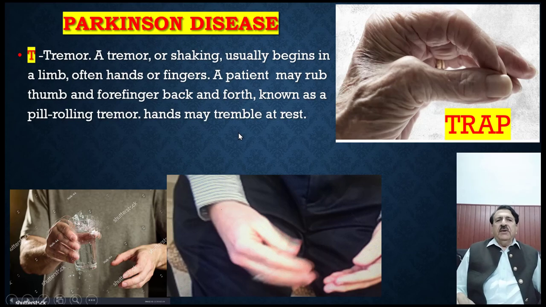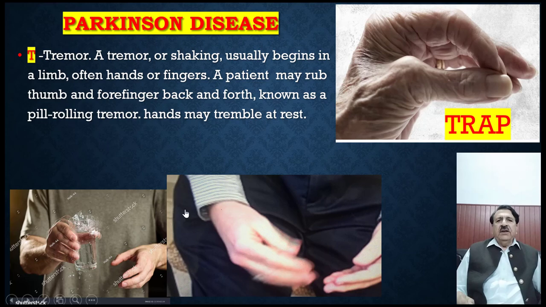Parkinson's disease. We can remember Parkinson by these four letters, TRAP. T is for tremor. A tremor or shaking usually begins in a limb, often the hand or finger. A patient may rub thumb and finger back and forth, known as a pill rolling tremor. The hand may tremble at rest.